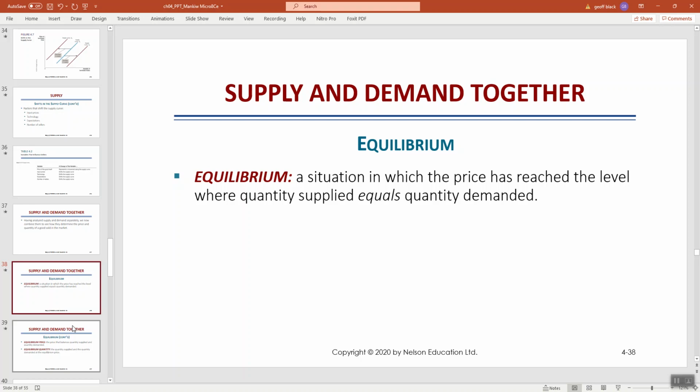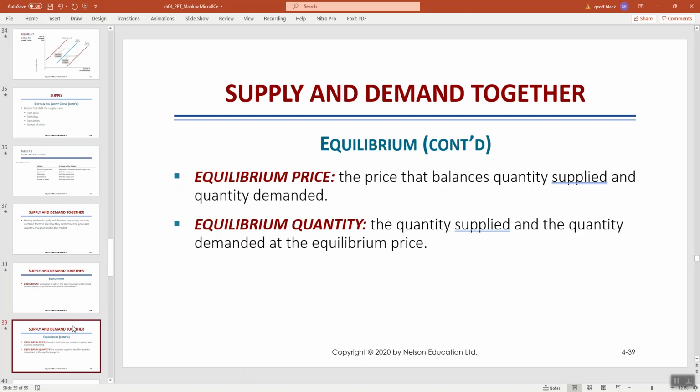It's kind of like the Goldilocks situation. It's not too hot, it's not too cold. It's just right. And that's equilibrium. That's when quantity demanded is the same as quantity supplied.